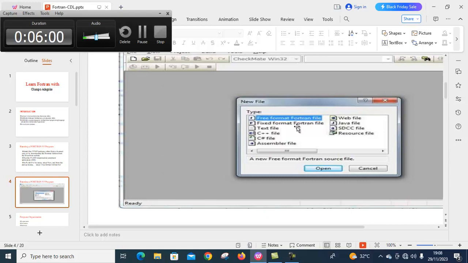So you select a free format Fortran file, you click on it, then you open it, and this gives you the privilege of typing your code in any part of the platform.